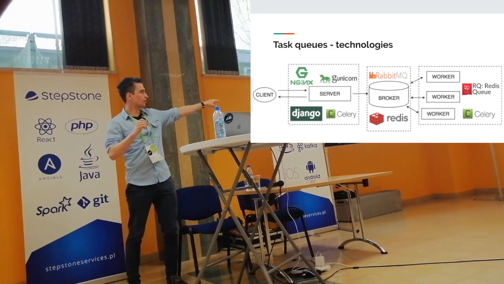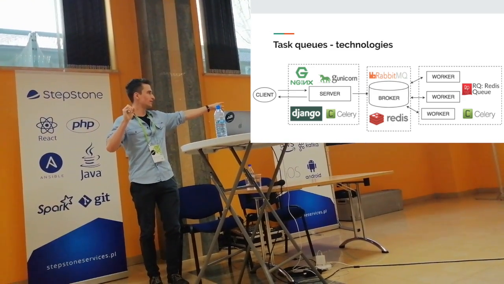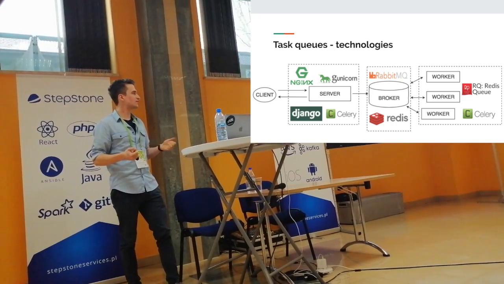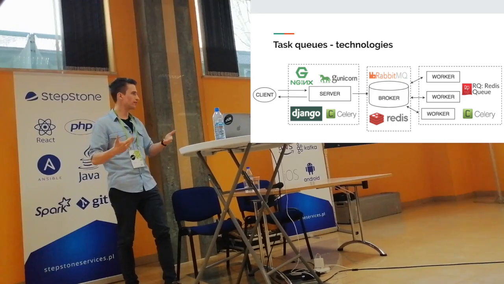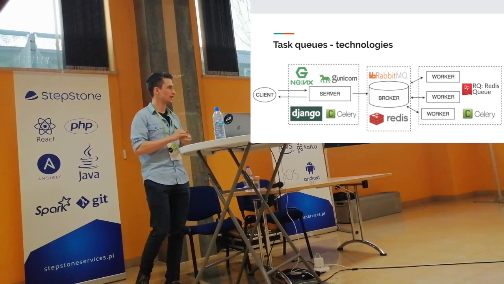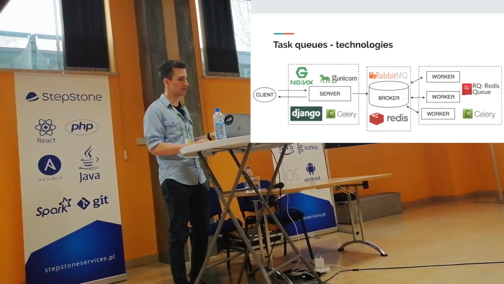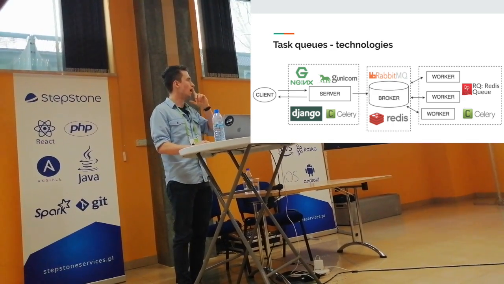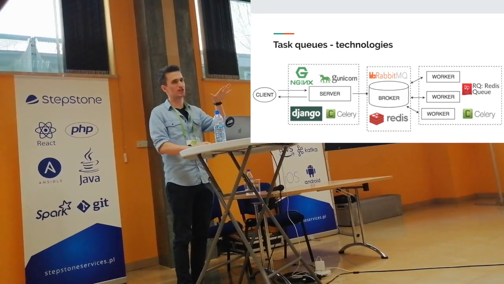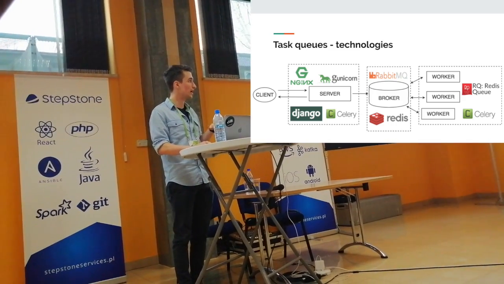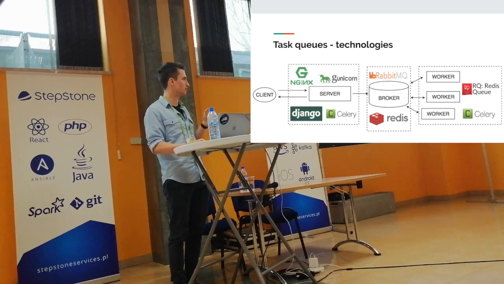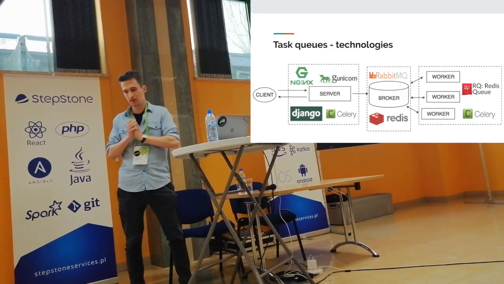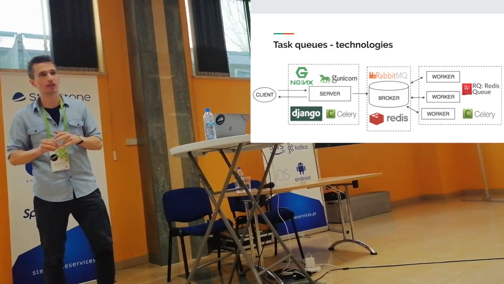Please note that Celery is also on the server side because you want to send tasks to the broker, so you're using Celery to do that, and then you're processing those tasks on workers, and also here Celery is used too. Sometimes we use Redis Queue as a simpler library, with fewer dependencies.